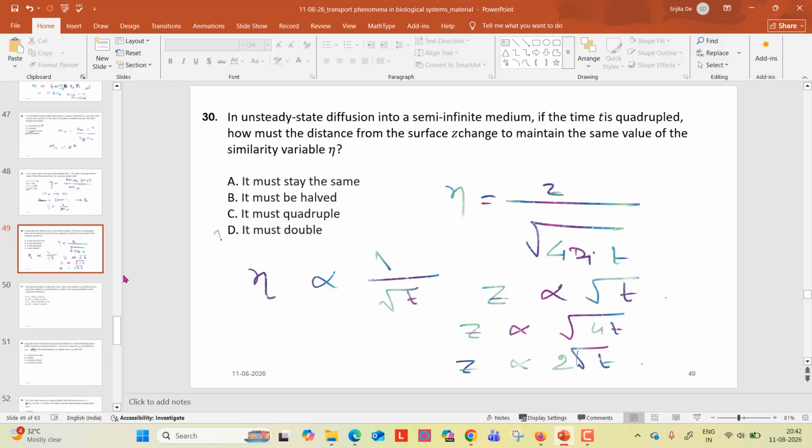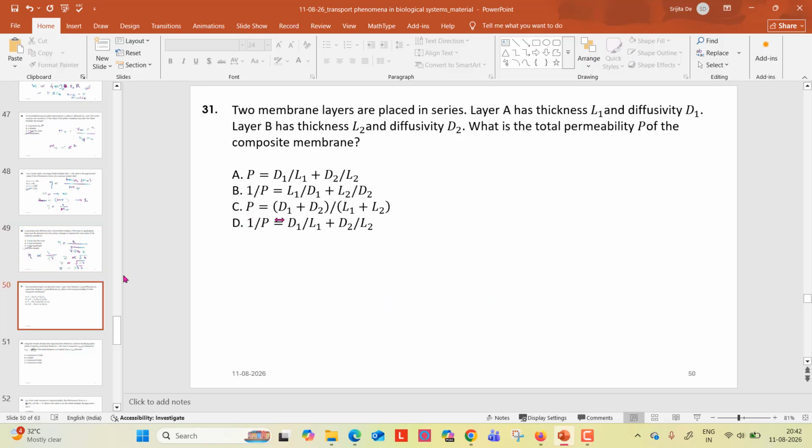Next, two membrane layers are placed in series. Layer A has thickness L1 and diffusivity D1. Layer B has thickness L2 and diffusivity D2. What is the total permeability P of the composite structure?